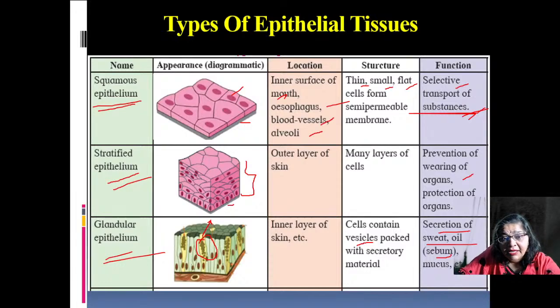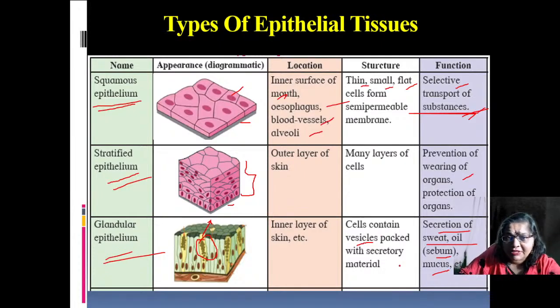Just underlying the skin, the sebaceous glands produce a secretion called sebum, which is oily and keeps the skin oily. Of course, mucus is a sticky substance secreted by the glandular epithelial cells so as to keep away the dirt and dust and protect the inner organs of the body.